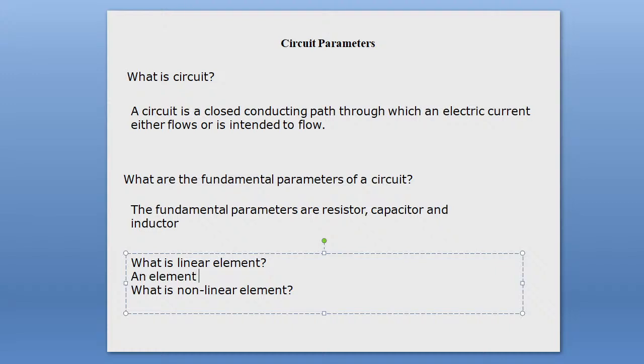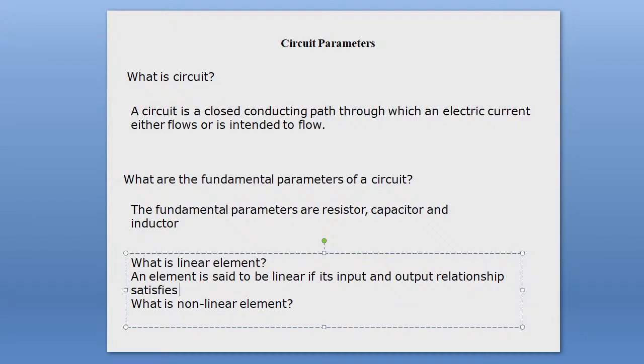An element is said to be linear if its input and output relationship satisfy linearity property.